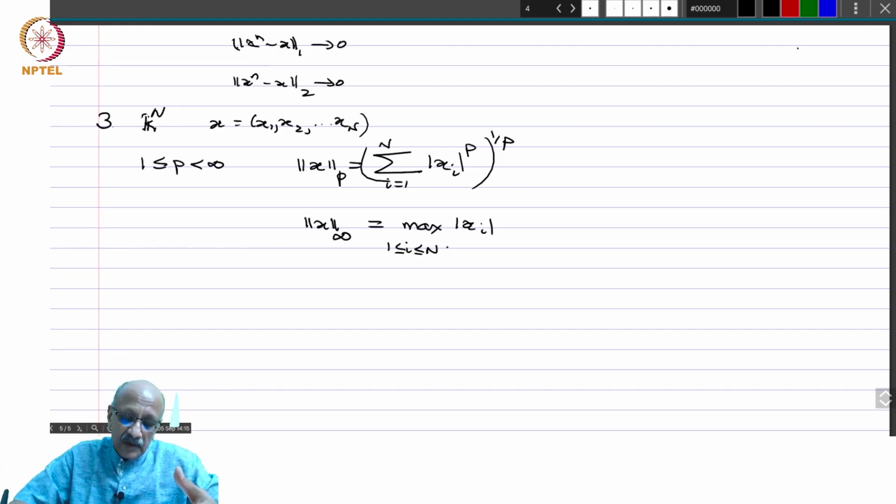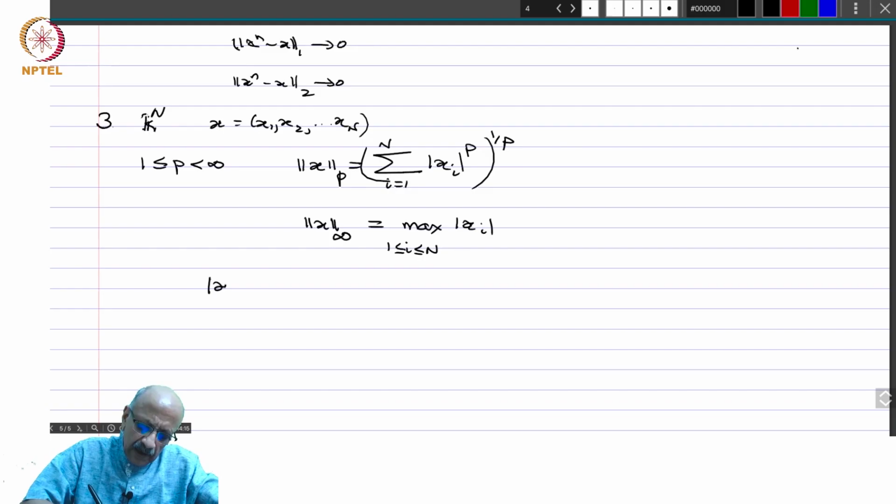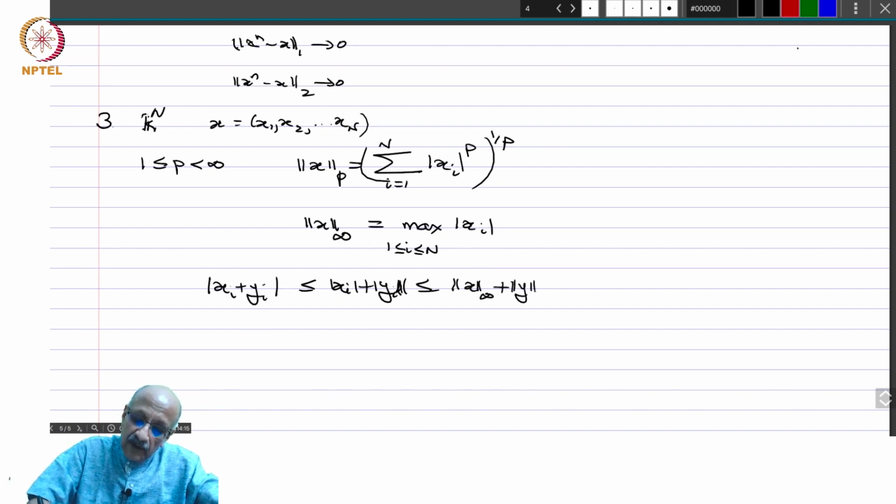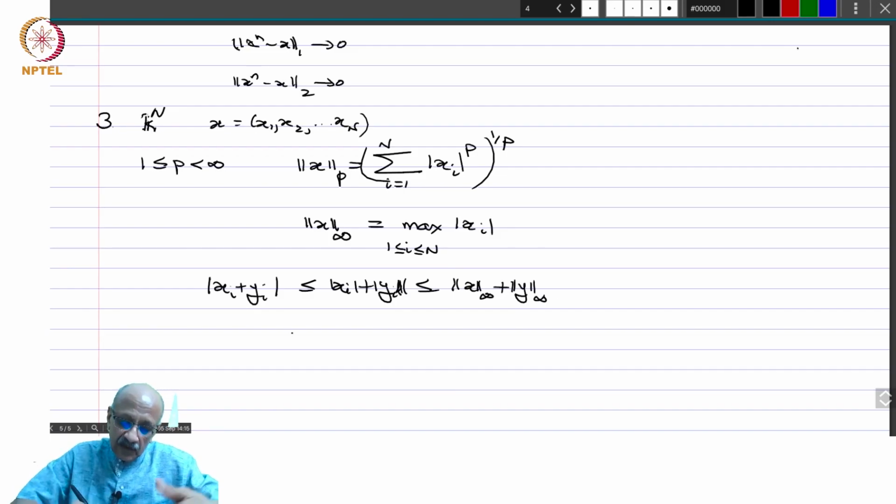Now it is easy to see again that the first 3 properties of a norm are immediately satisfied. The triangle inequality is easy for norm x infinity, because mod xi plus yi is less than or equal to mod xi plus mod yi, which is less than or equal to norm x infinity plus norm y infinity, and this is true for all i.